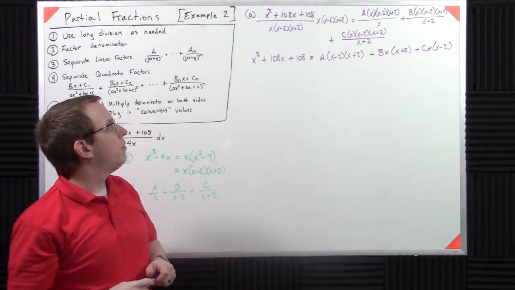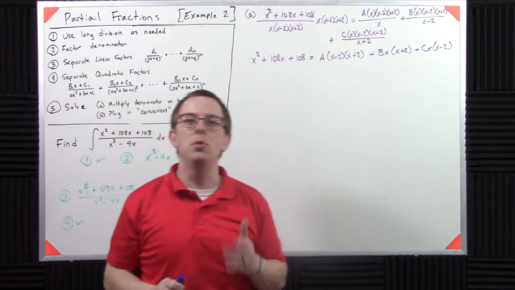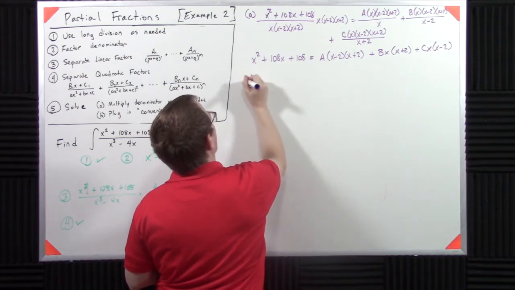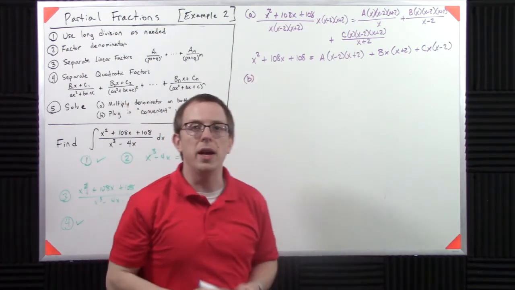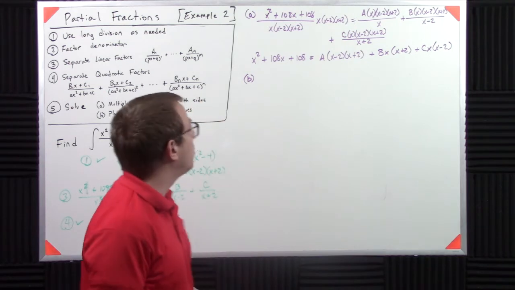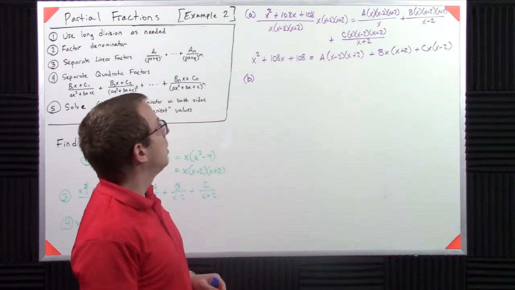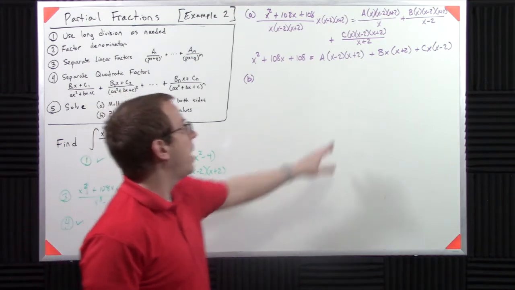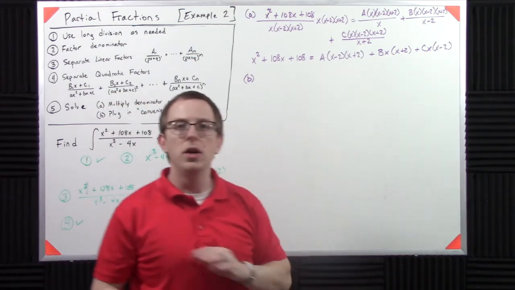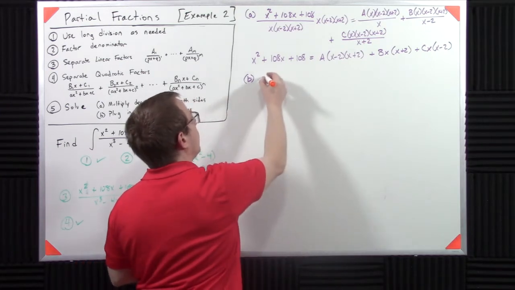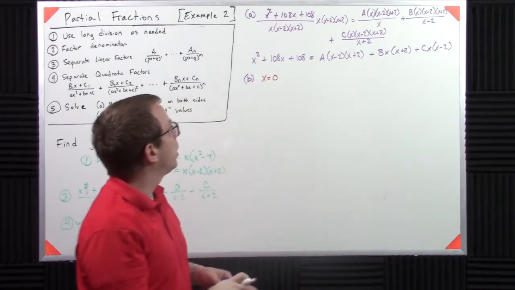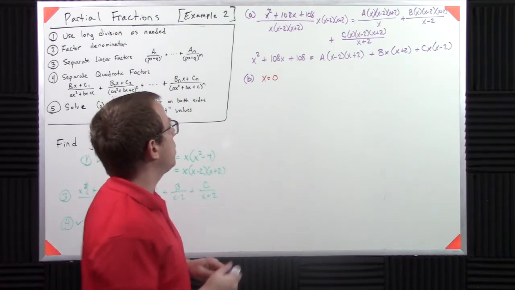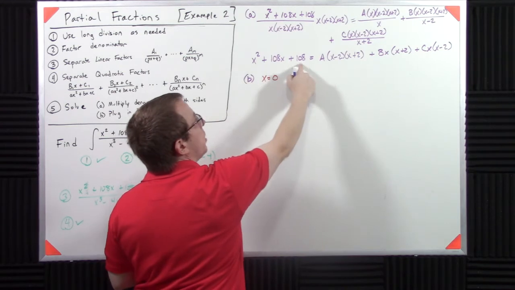Now I have multiplied through, so what I need to do next is pick convenient values. I want to get rid of things. If you have just an x as a factor, use x equals 0. When I plug in x equals 0, the B and C terms disappear, and that stays.